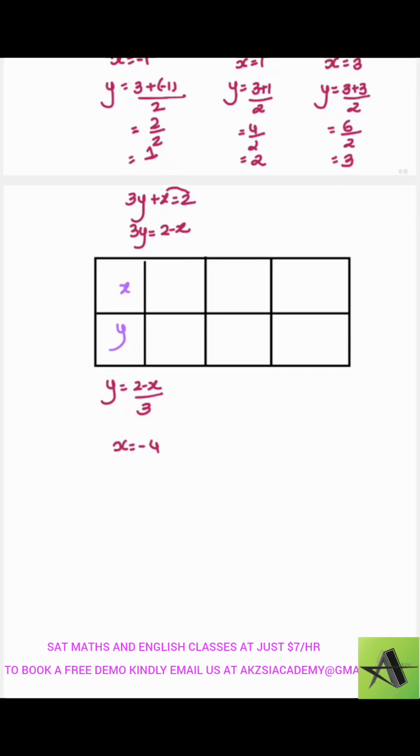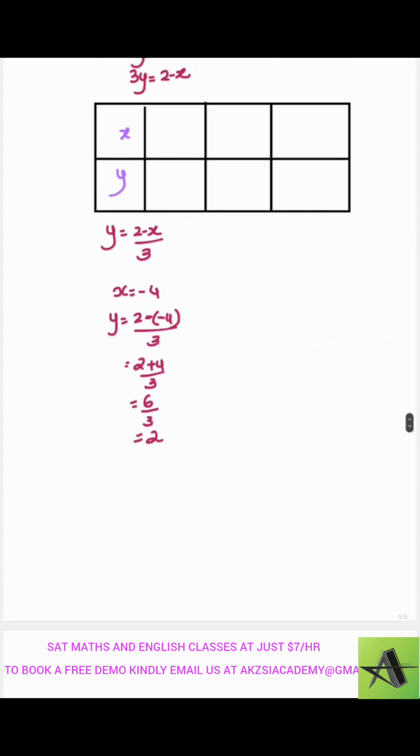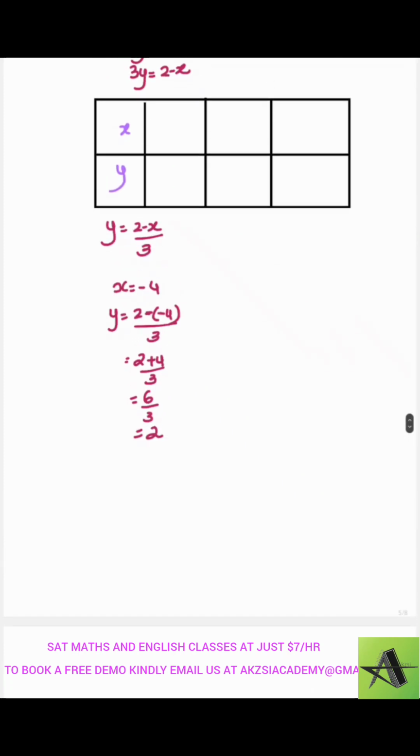So that's why I have selected -4, because this will give me y equals (2 minus -4) over 3. That means this will become (2 plus 4) over 3. So 6 over 3 will give me 2. That means on substituting -4, I will get an integer, which is more desirable because it's easy to plot on a graph. So at x equals -4, y will be 2.